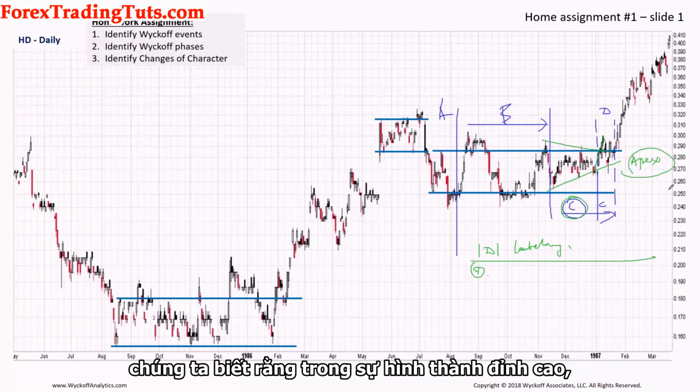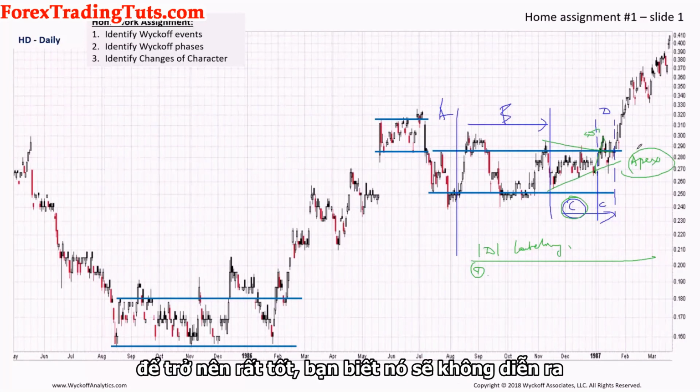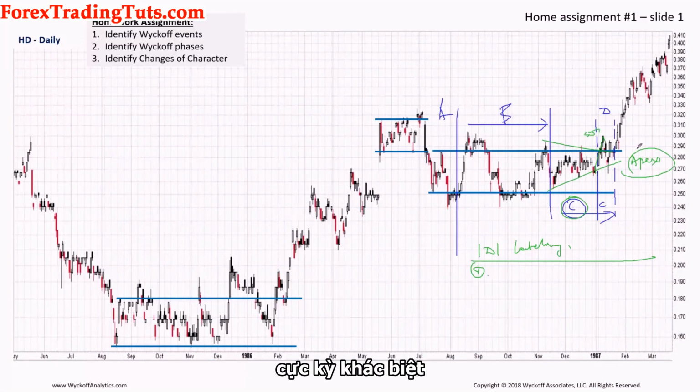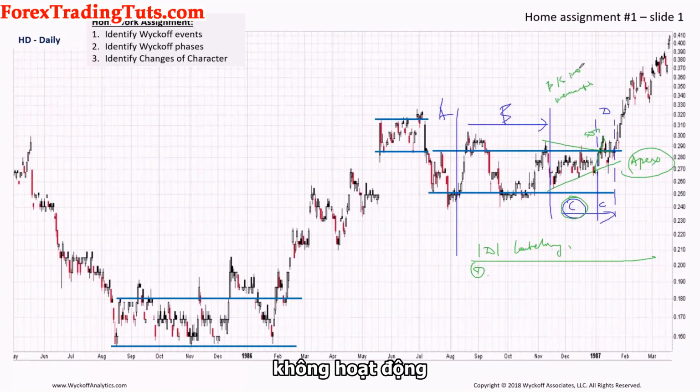And we know that in the apex formation, the sign of strength is not going to be very good. It's not going to be extremely distinct. But what it's going to show is a place of uncertainty, where both buyers and sellers are inactive.